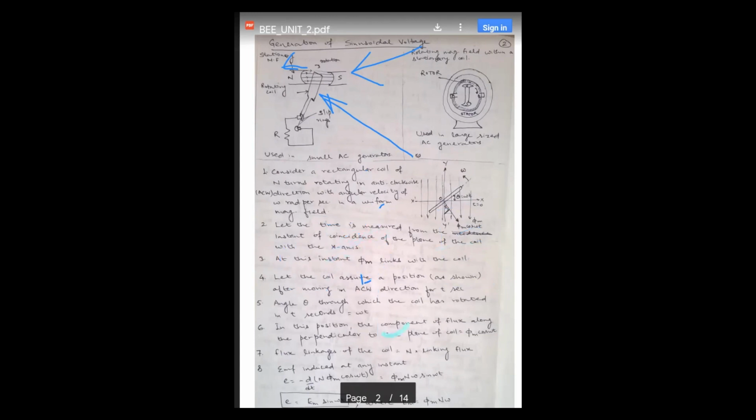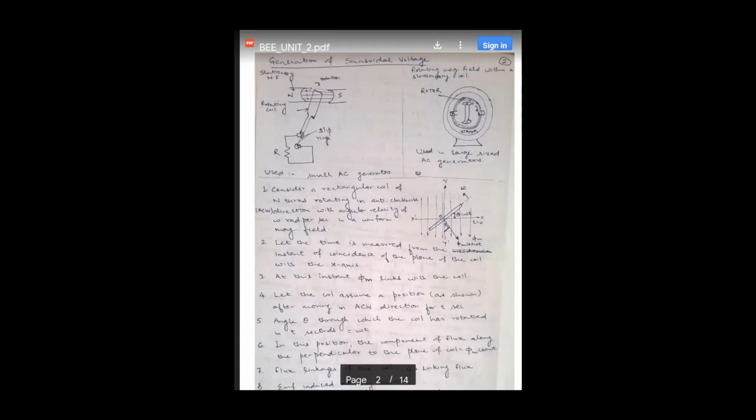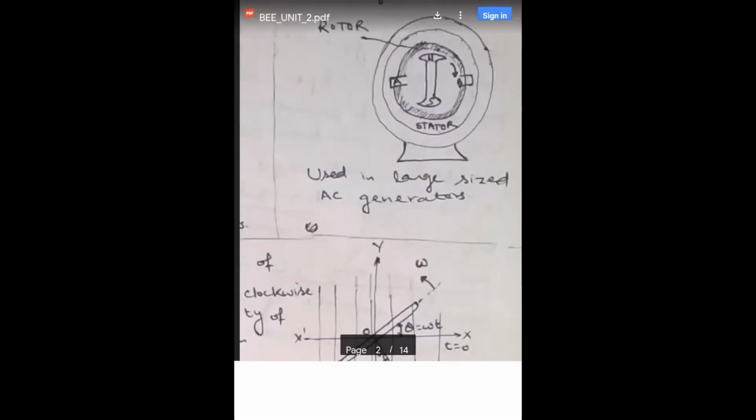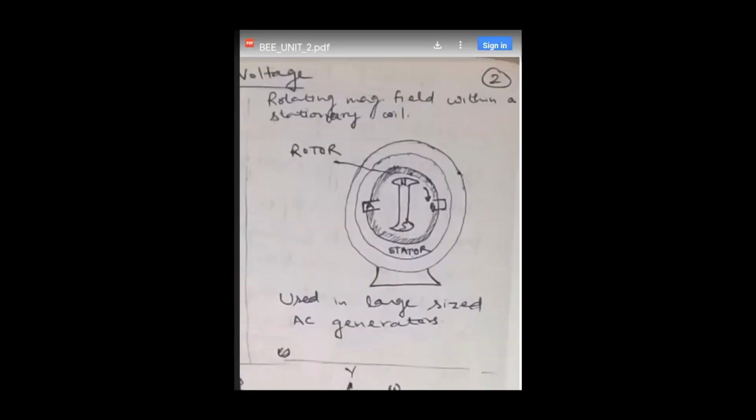But in case of big or large size AC generators, our rotor is fixed.